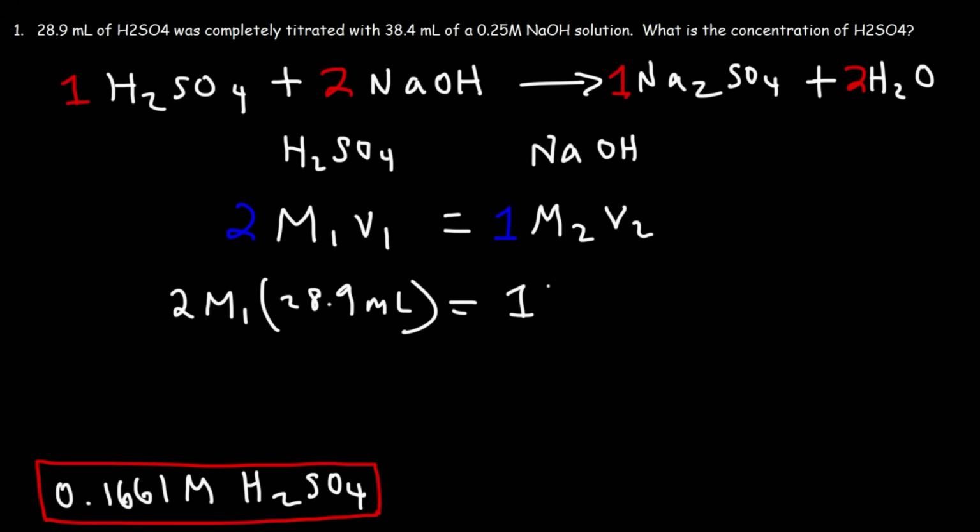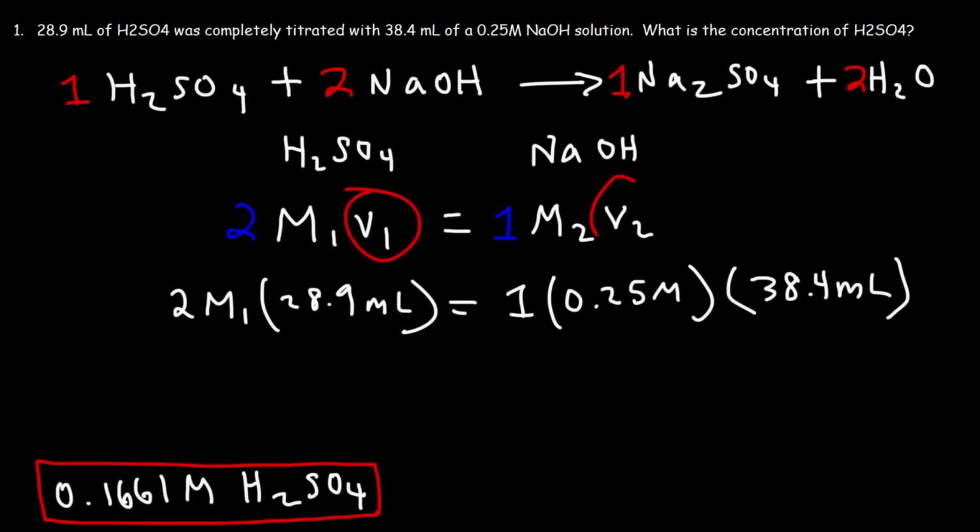M2, the concentration of sodium hydroxide, is 0.25 M. V2 is 38.4 milliliters. Now, V1 and V2 have to be in the same unit. If V1 is in liters, V2 has to be in liters. If V1 is in milliliters, V2 has to be in milliliters. So these units will cancel. Now, since M2 is in molarity, M1 will be in the same unit, molarity.